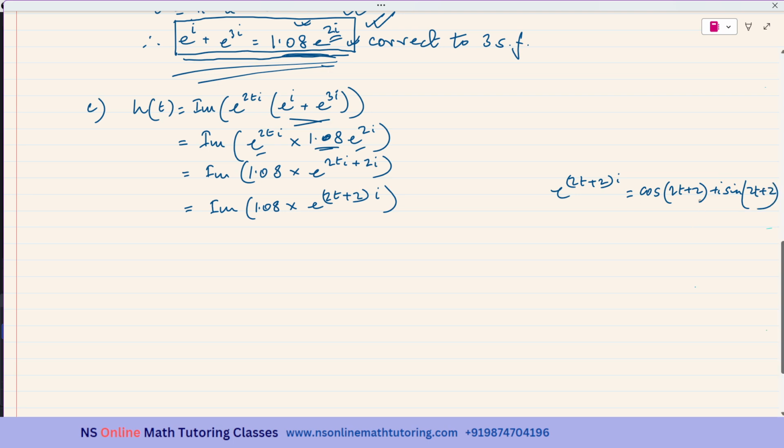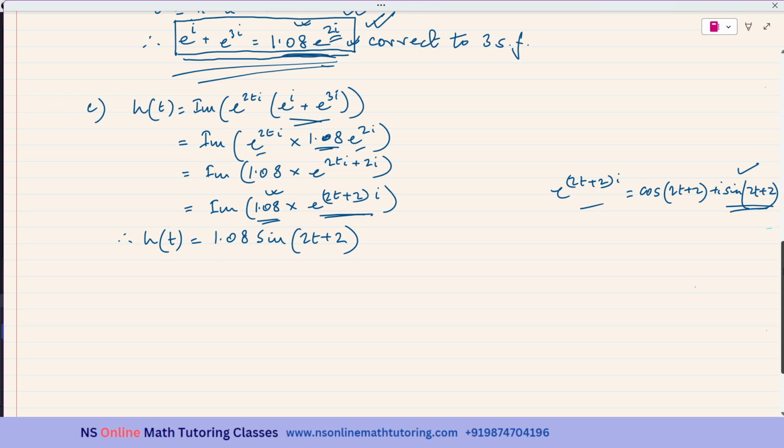So the imaginary part of this is sin(2t plus 2). 1.08 is a real number, so it will not have any imaginary part. This will be having the imaginary part, which is sin(2t plus 2). So this is equal to 1.08 times sin(2t plus 2).